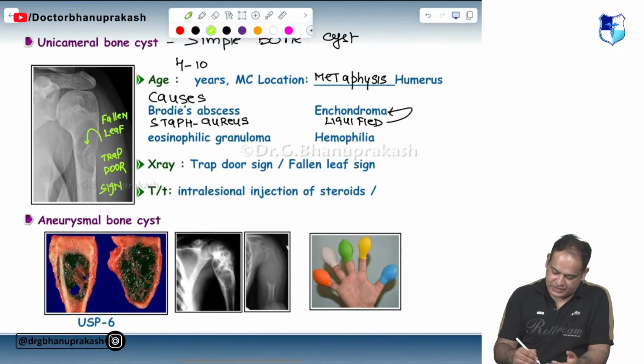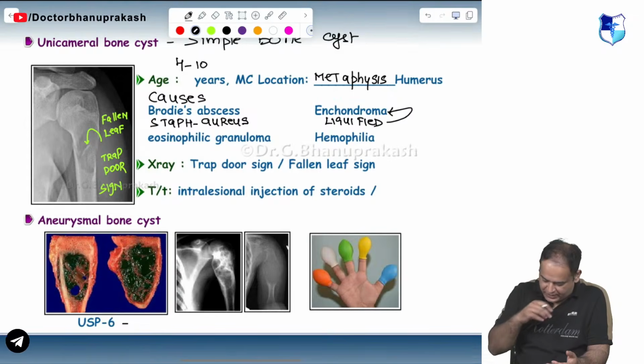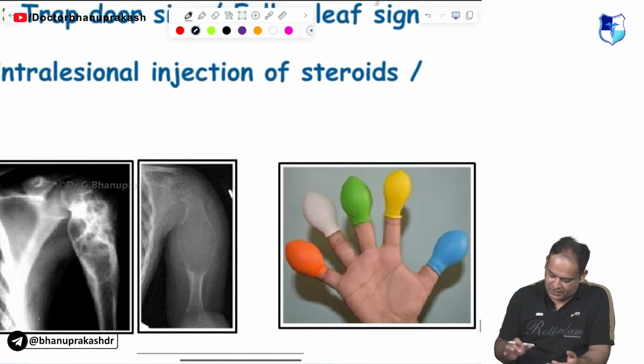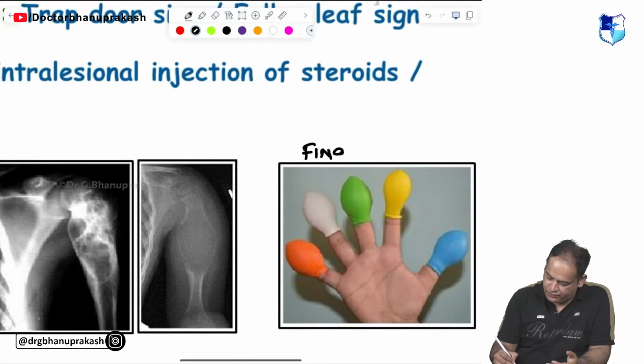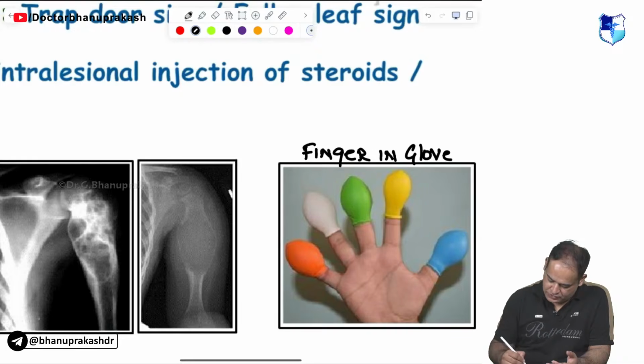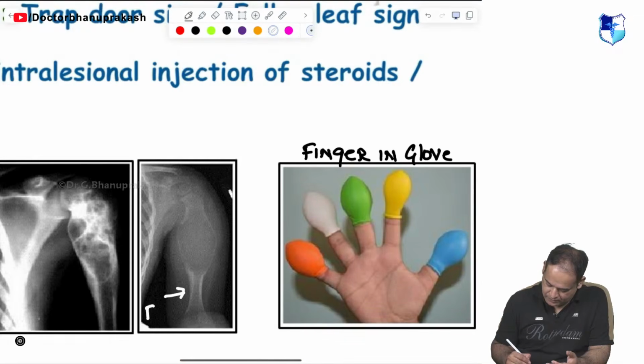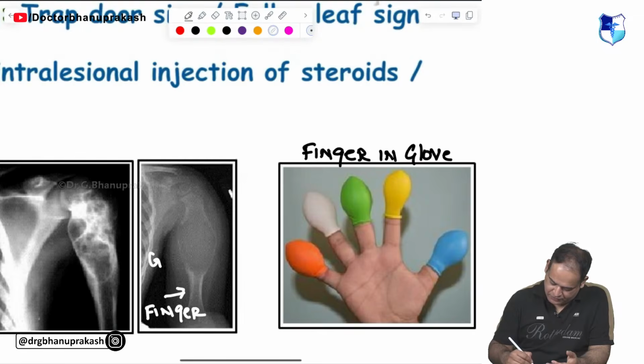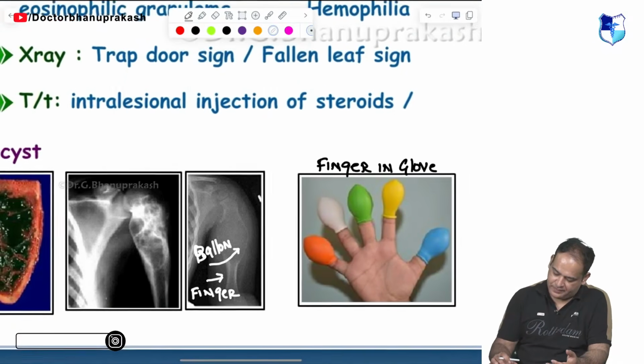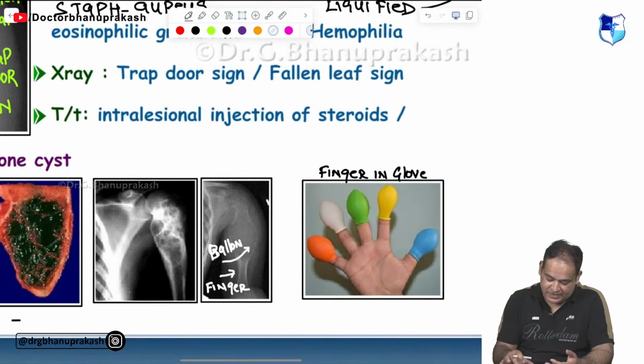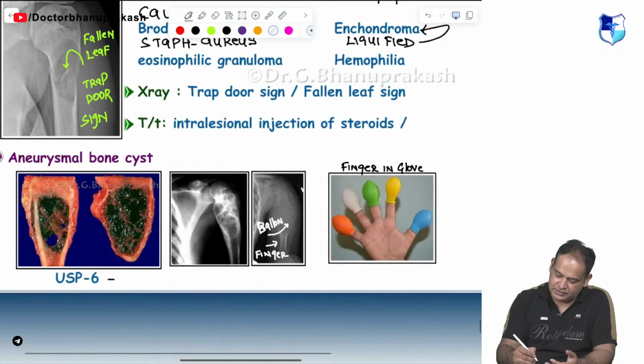Aneurysmal bone cyst. USP6 mutation. Now, what do we get to see on the X-ray? We get to see finger in the glove. तो देखिए डॉक्टर साहब लोग जी, ये तो रही फिंगर और ये रहा ग्लव, सॉरी balloon. Finger in the balloon sign is seen in aneurysmal bone cyst.